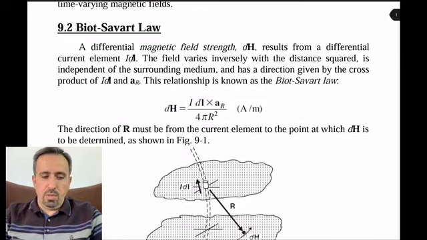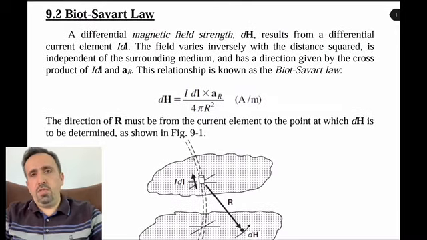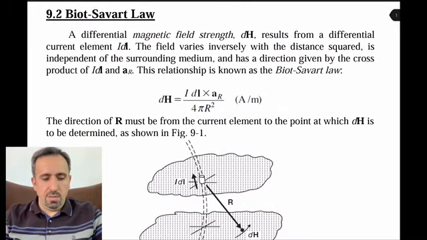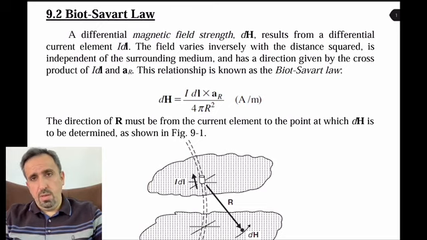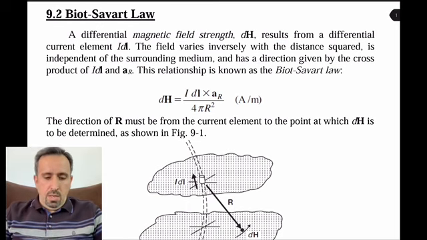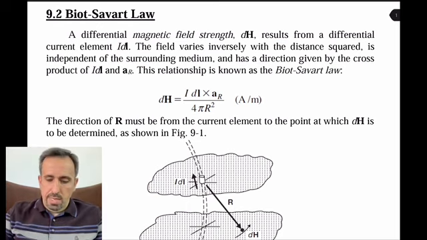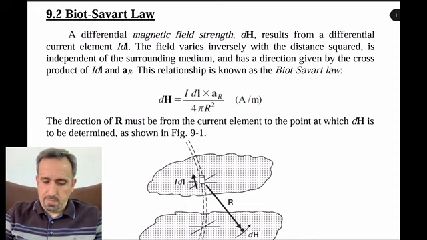Okay, so first of all, if we talk about an important formula to calculate the magnetic field, we will be talking about the Biot-Savart law. Before talking about Ampere's law, we will be talking about the Biot-Savart law. So, as you can see here, this is the Biot-Savart law.